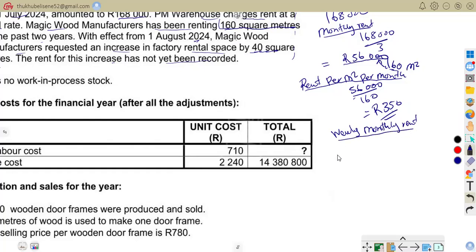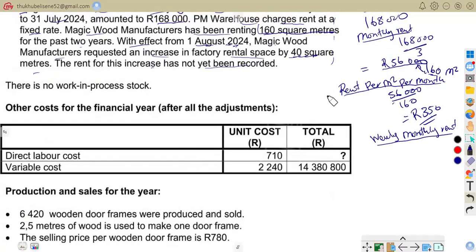So calculate the new monthly rent from 1 August 2024. It says, with effect from 1 August 2024, Magic Wood Manufacturers requested an increase in factory rent space by 40 square meters. So now we're talking about the additional space rented.